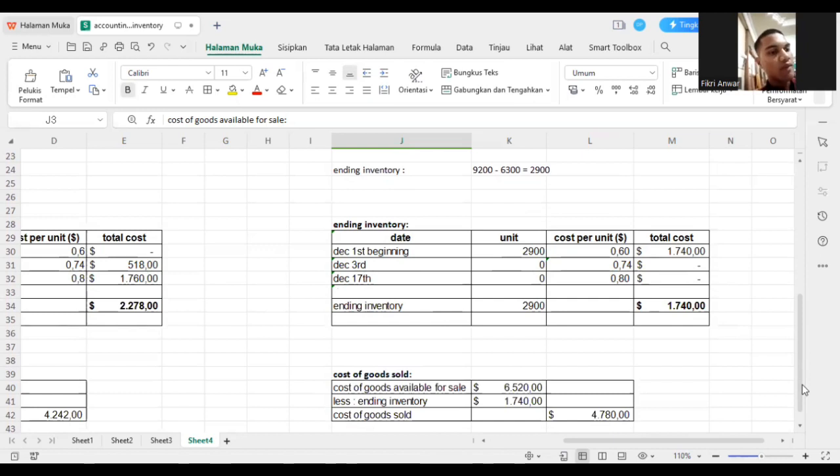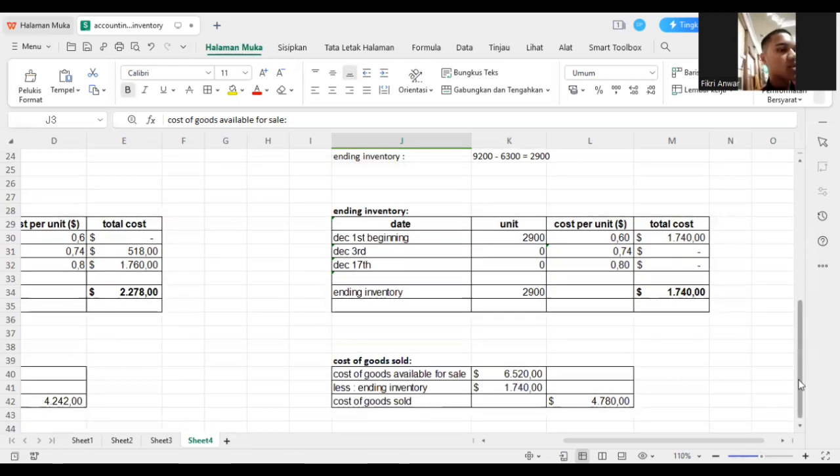In ending inventory, we have the first date of beginning, 2,900 units, and for cost per unit, we have $60. 60 times 2,900, the total is 1,740. On the 3rd of December, we have 0 units, and the cost per unit is $74, and the total is 0. And on the 17th of December, we have 0 units, and the cost per unit is $80.